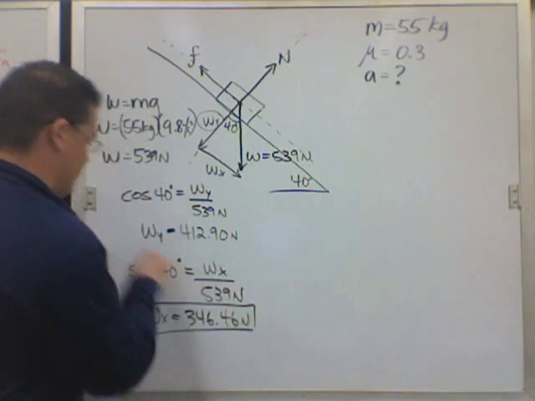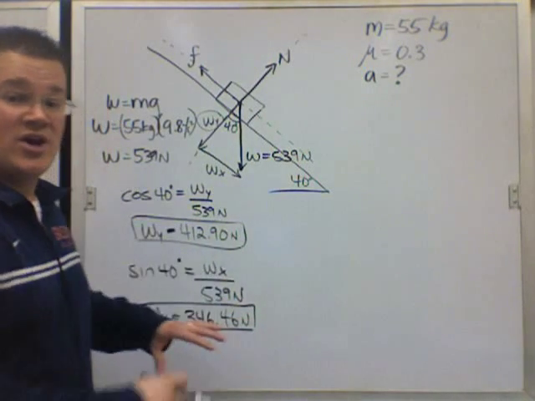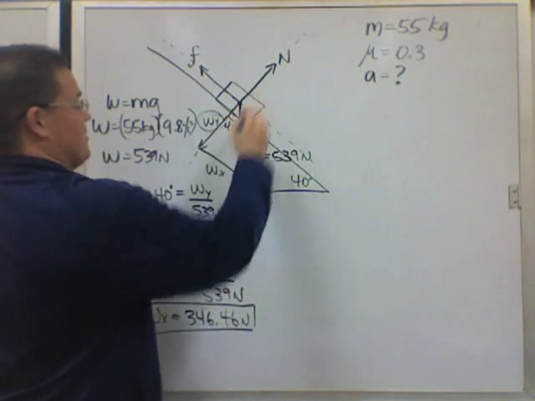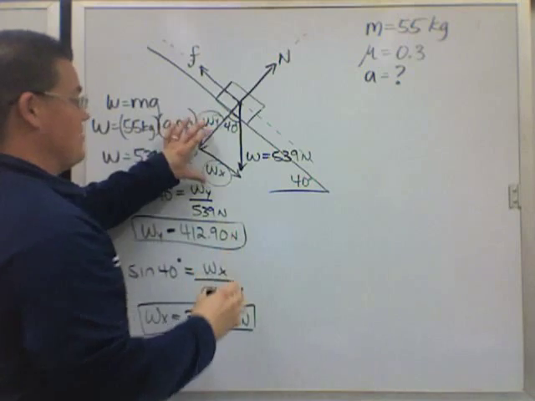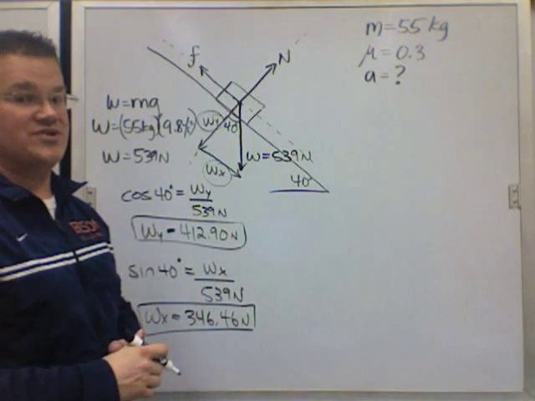These are going to be important. In fact, at this point, you've almost done most of the problem, because now you know this force, you know this force, and from those we can find out the rest of them, and then we can start summing our forces to get the net force.